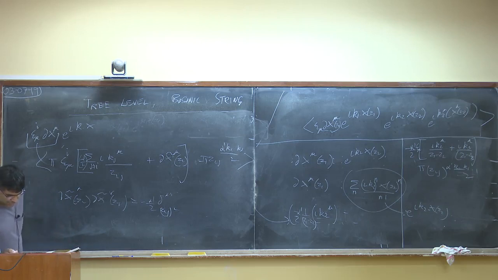V mu is minus 2i by, oh, is this open string?